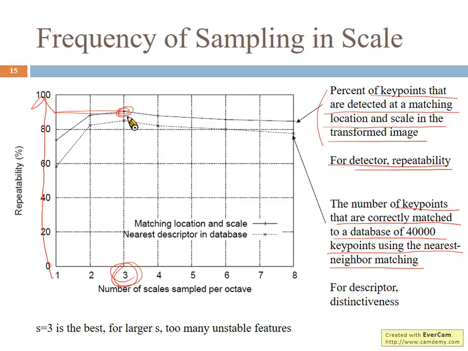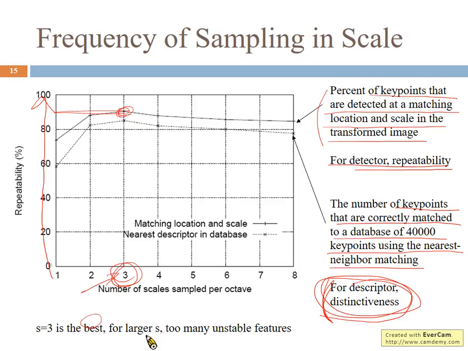And when we compare feature vectors based on nearest neighbor, by what percentage can they be correctly matched. So this is the value at different scales of blur. And this value is for the descriptor, that's for distinctiveness.